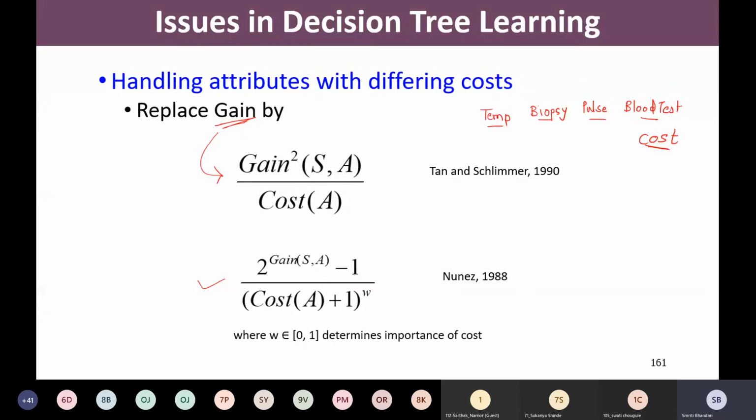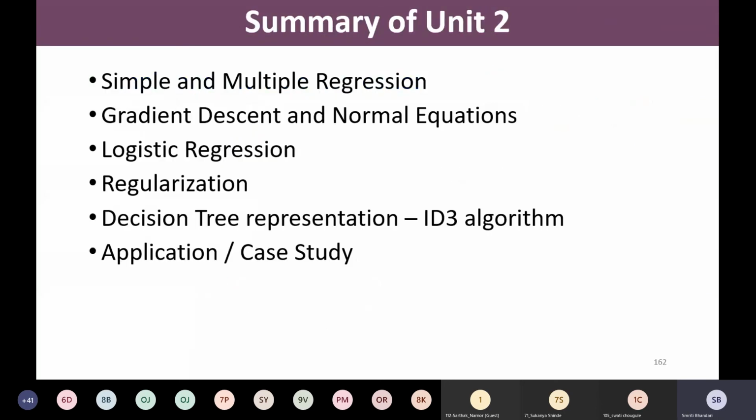Okay. So with this, we have completed the discussion about decision trees, and also the discussion with respect to unit number 2. So with this, we are going to conclude unit number 2. Let us see what we have learned in this unit.